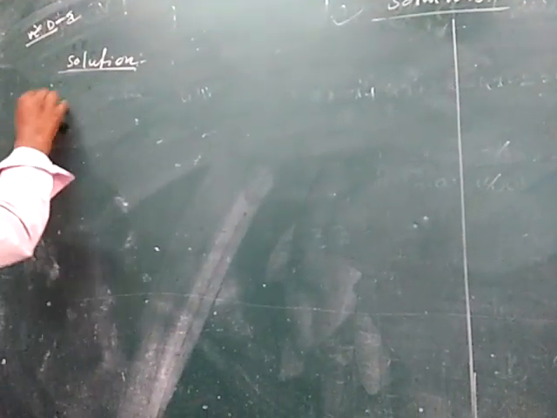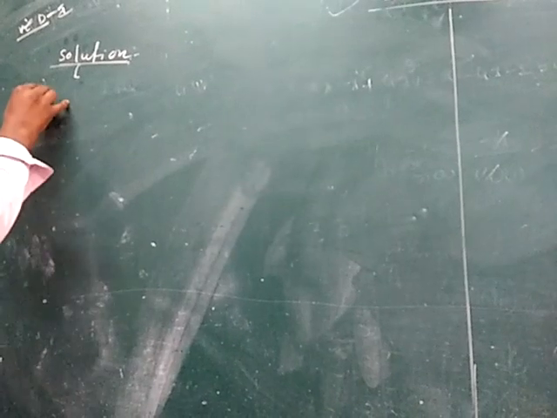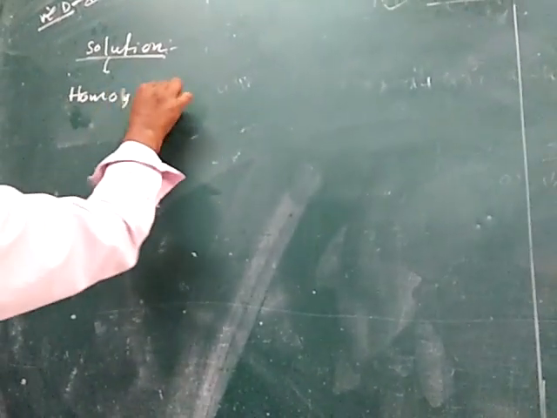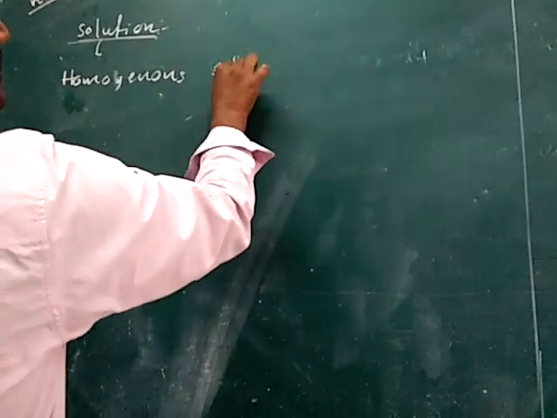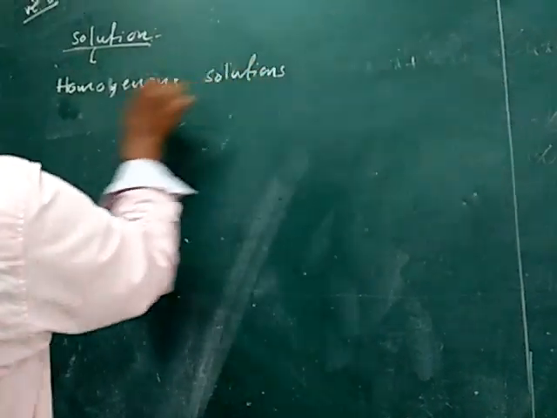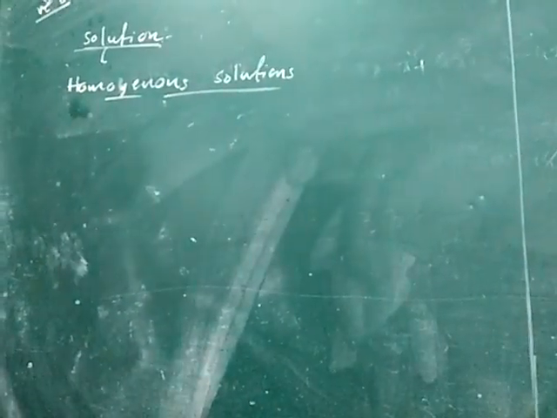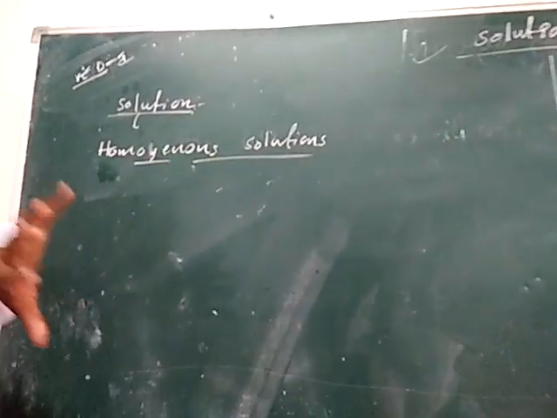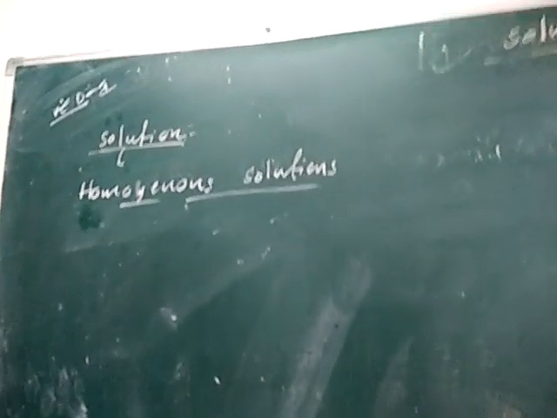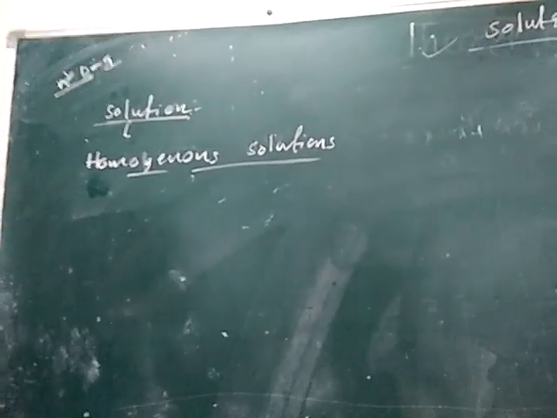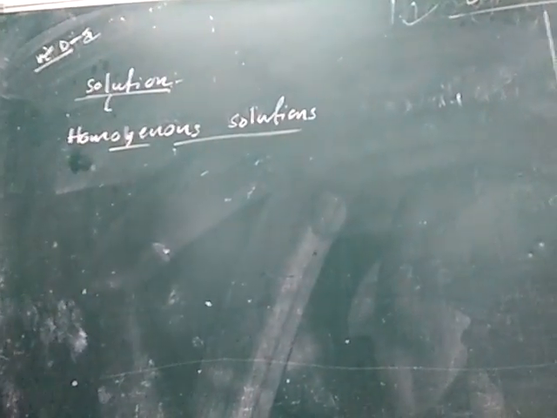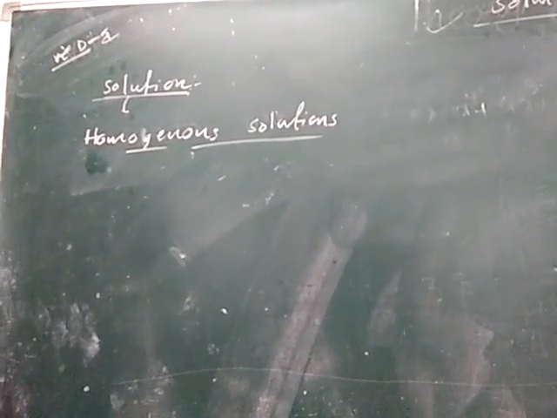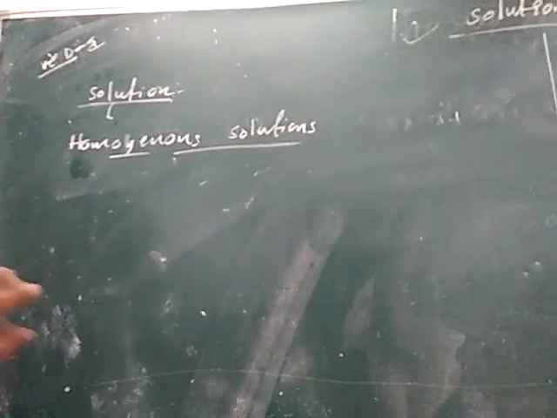Now, true solutions are homogeneous. Homogeneous solutions mean two or more components combined in a specific ratio. Specific here means there is no particular ratio, but two or more components are uniformly distributed.